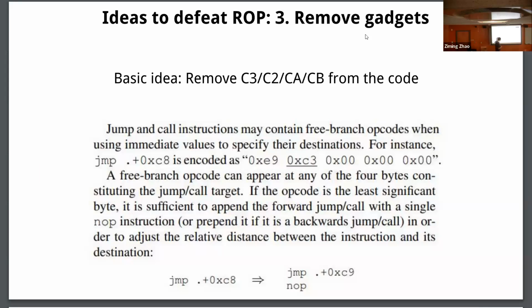Let's say there is a jump instruction. It is a relative jump, going to an address say 8 bytes away from the current location. Because of this jump, there is an 8 that can be treated as a return instruction, and it will give us some valid gadgets.